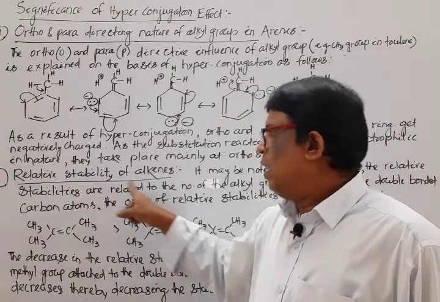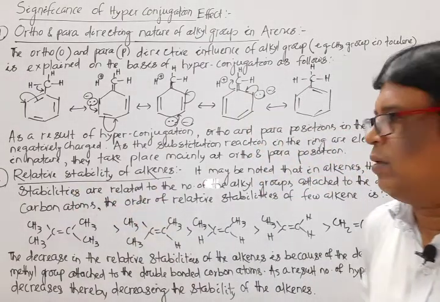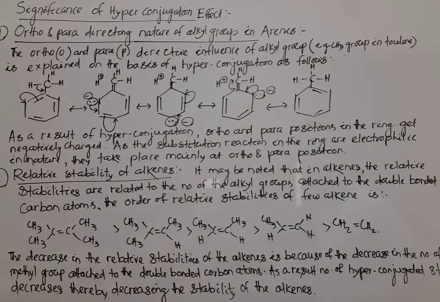Second application, relative stability of the alkene. Already covered. Note down. It may be noted that in alkenes, the relative stabilities are related to the number of alkyl groups attached to the doubly bonded carbon atom.